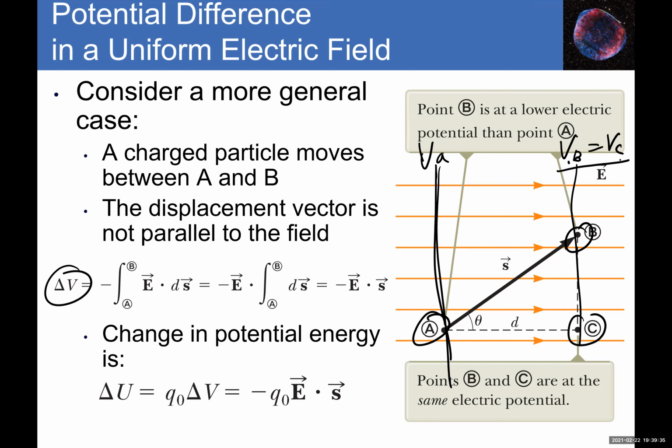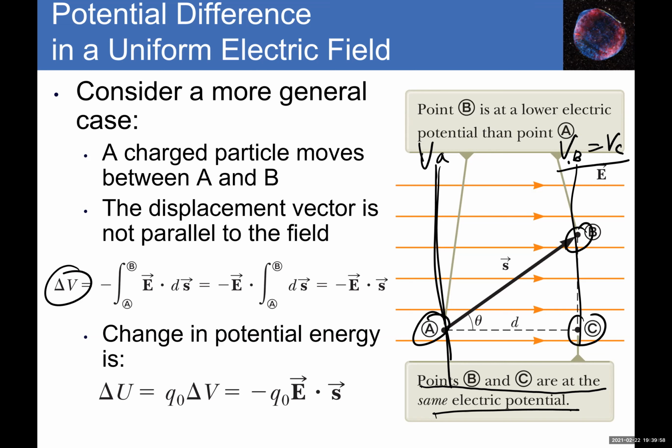As long as that holds, it doesn't matter if you go from A to B or A to C, your delta V is going to be exactly the same. So you can write that points B and C are at exactly the same electric potential. That means it doesn't matter which path you take, you get exactly the same change in potential and the same change in potential energy.